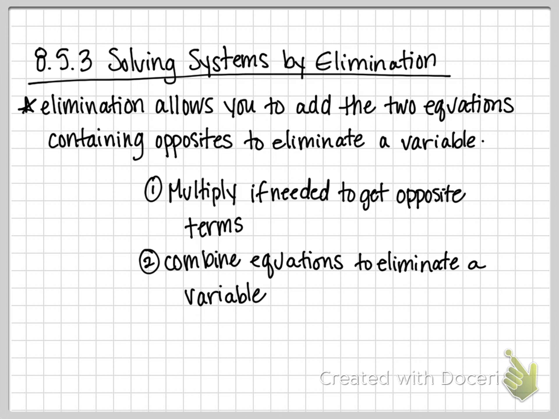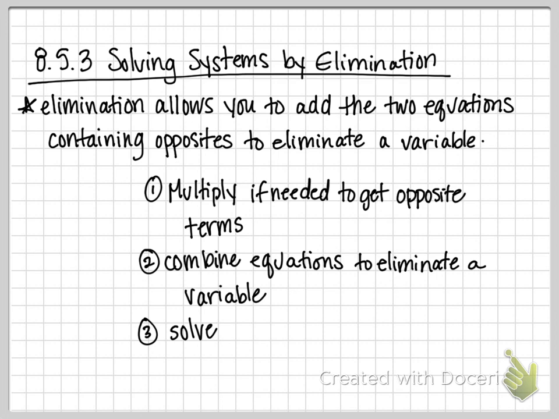Once you have two opposite terms, a negative and a positive, with the same coefficient, you combine the equations, so you add them, which will end up eliminating a variable. So then you'll just be left with x's or just with y's, which will allow you to solve for x or solve for y.